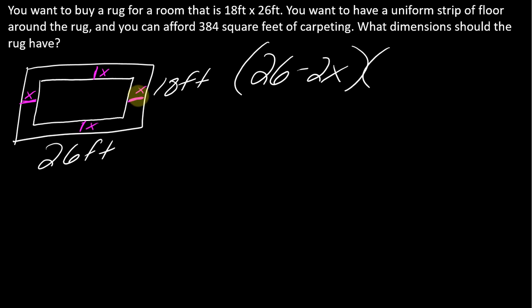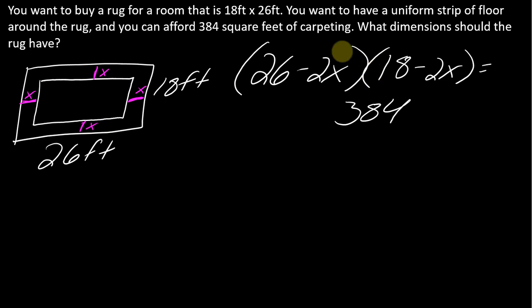The other side is 18 minus 2x. If I multiply those two things together, I want that to come out to 384. I'm running out of space, so I just continued it that way. Now I think you can see how we need to finish this. We need to FOIL this out and then solve it. Maybe you want to pause here and try that on your own.